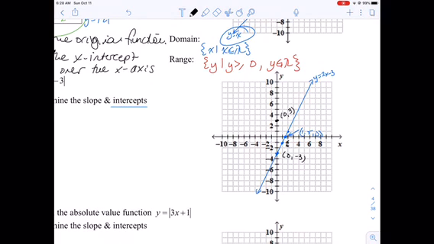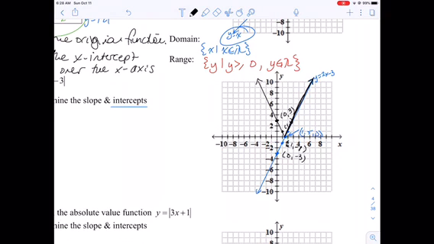I know I've got the point 1, -1. And the corresponding point, therefore, will be 1, +1. And all I need is a couple of points, and I've got my graph.